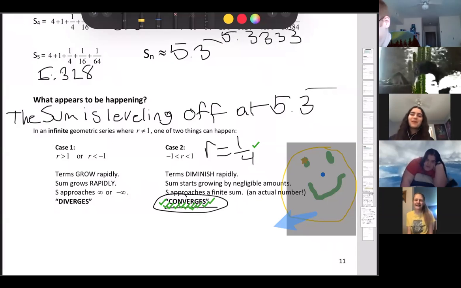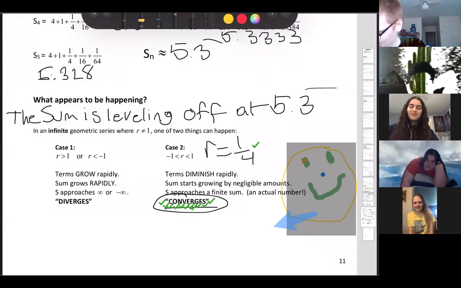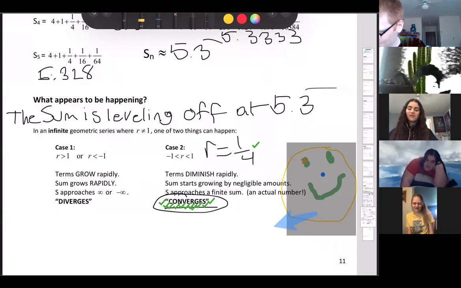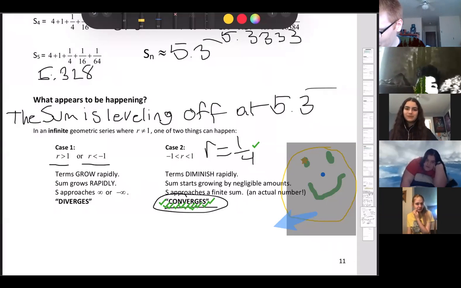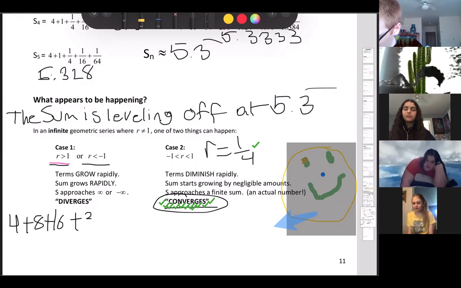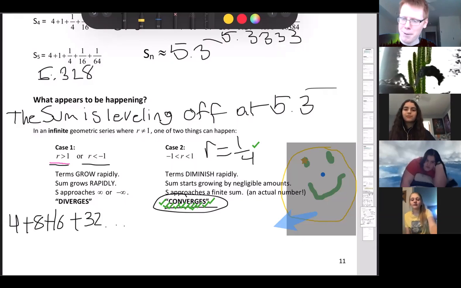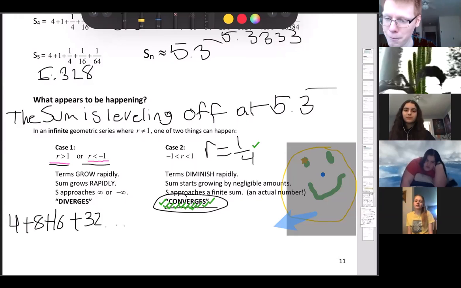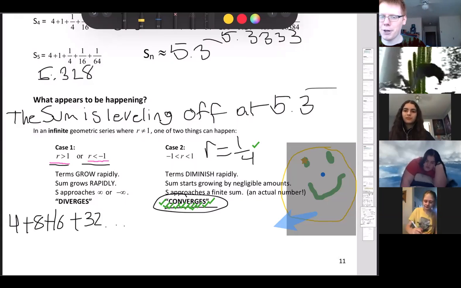But who knows? The other case that can happen is if your R is greater than 1 or less than -1, we say it diverges. Say you had a series that doubles every time, like that example we saw earlier. If you keep adding numbers that double, that's going to approach infinity. It's just going to keep getting bigger and bigger.